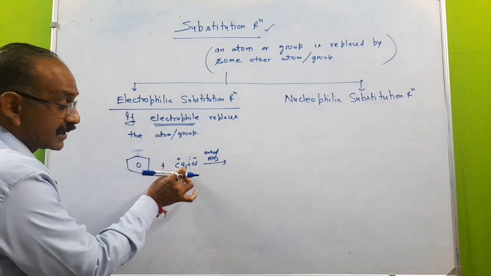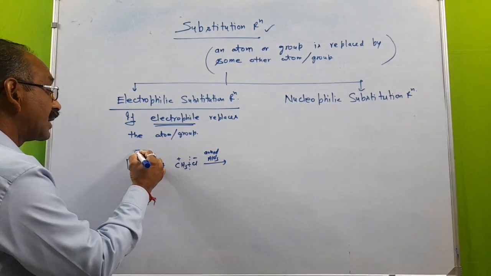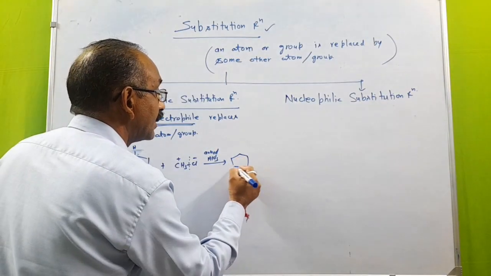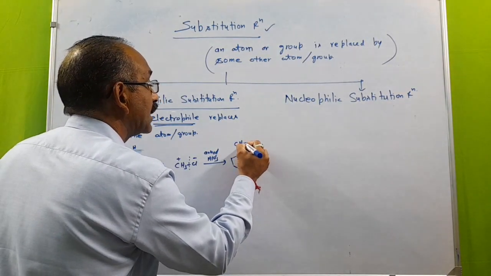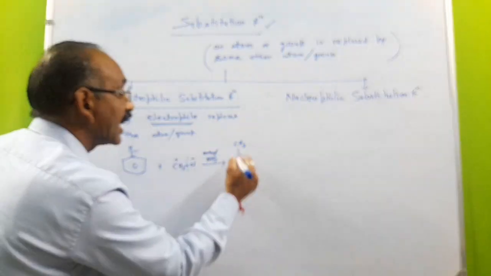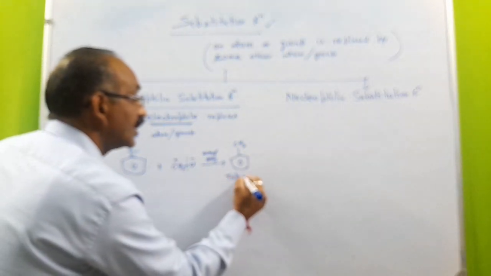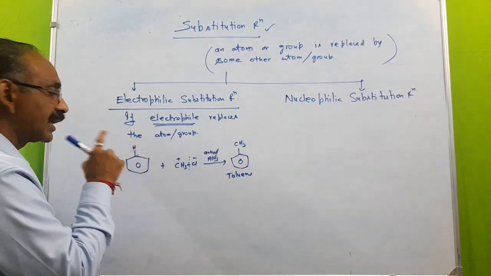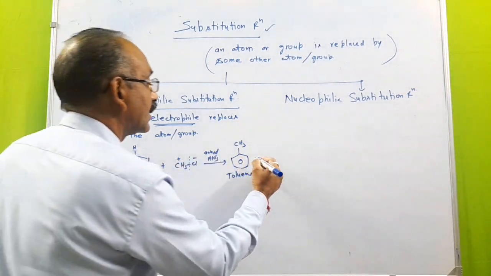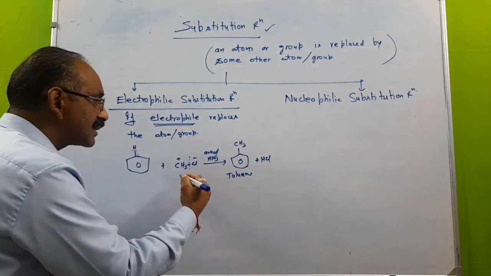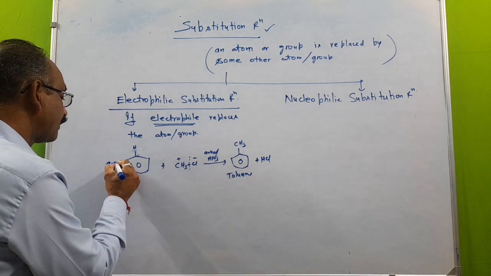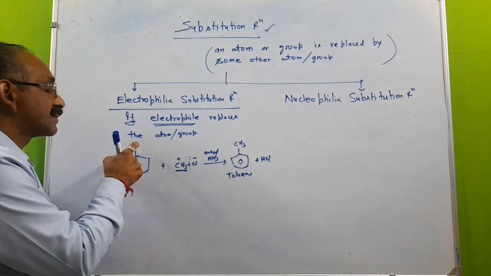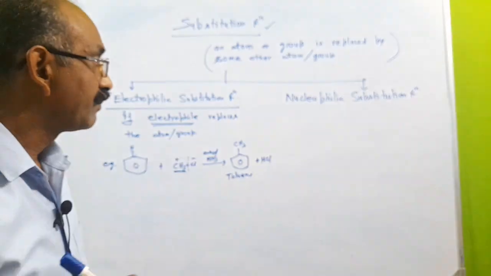The CH3 plus electrophile replaces the hydrogen of the ring, and we obtain methyl benzene or toluene, and the H plus, which will be replaced from the ring, combines to the Cl minus and forms HCl. This one is an example of the electrophilic substitution. Here this electrophile replaces the atom or group.